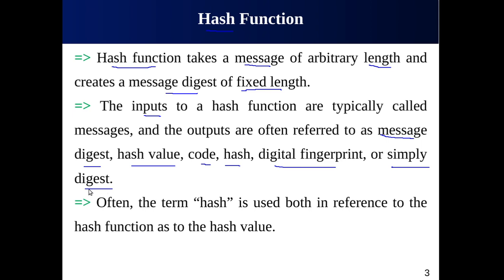It is important to remember that sometimes we use the word hash to refer to two different things. It can be used to refer to the hash function, which is a process, as well as to the output, which is the hash value or the digital fingerprint or the code or the message digest. So it can be used in both contexts. A hash may refer to the hash function or to the message digest, the output.